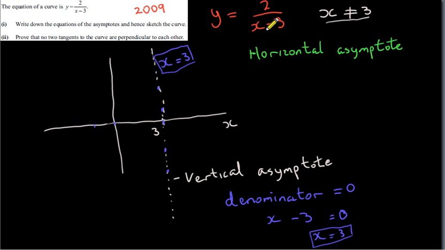Now for rational functions, we also have what's called a horizontal asymptote. That arises from taking the limit of this function as x tends towards infinity. Well, x could approach plus or minus infinity.